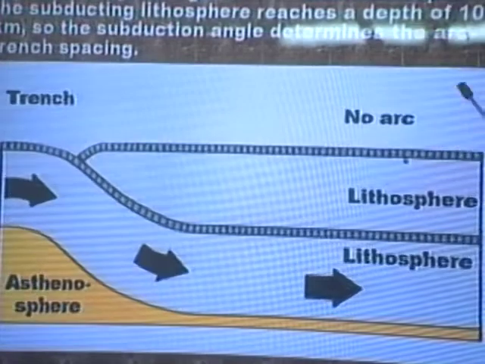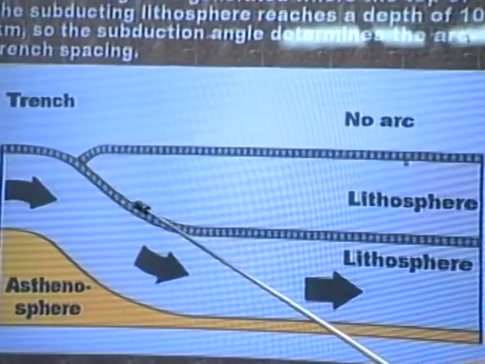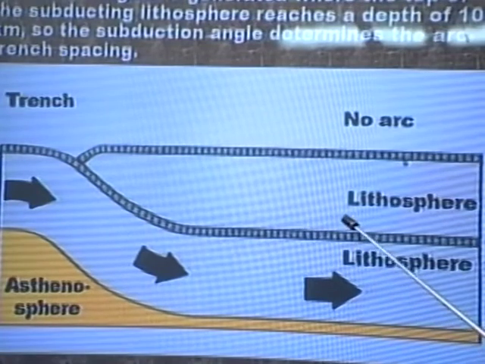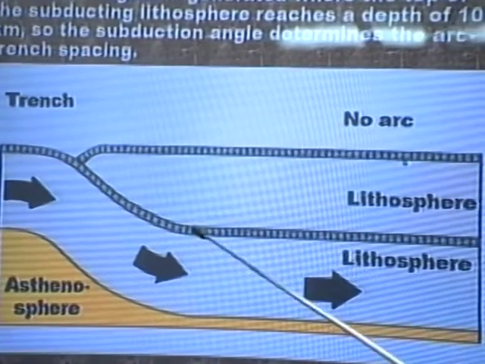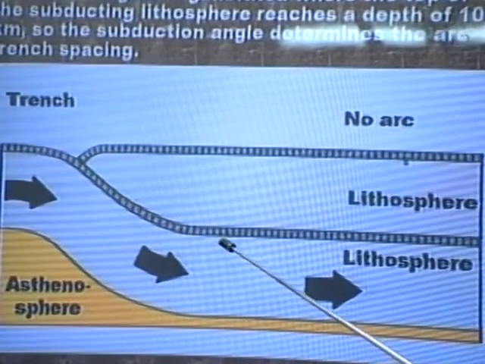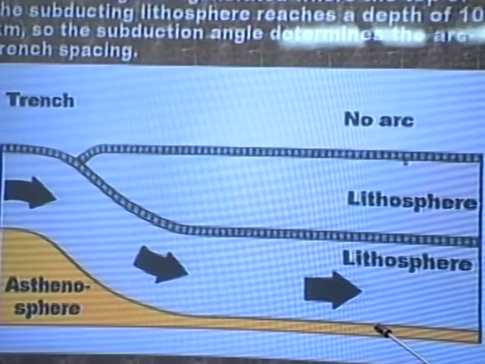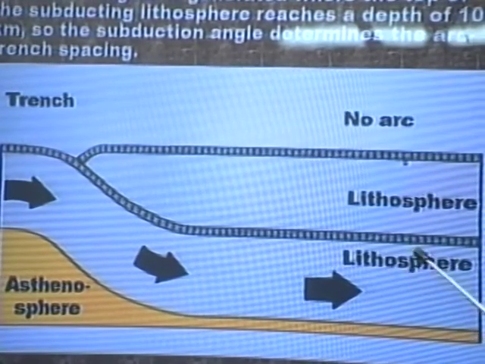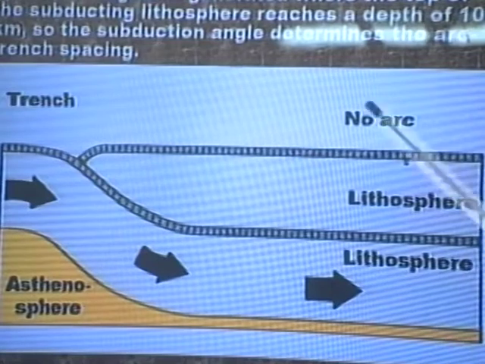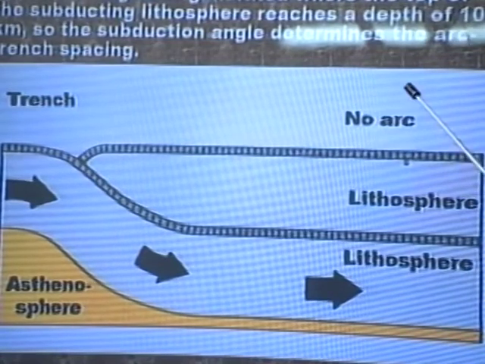Why? The subduction process was so shallow that that particular material never reached the 100-kilometer depth for the generating of magma in that area to reach the surface to form the island arc.